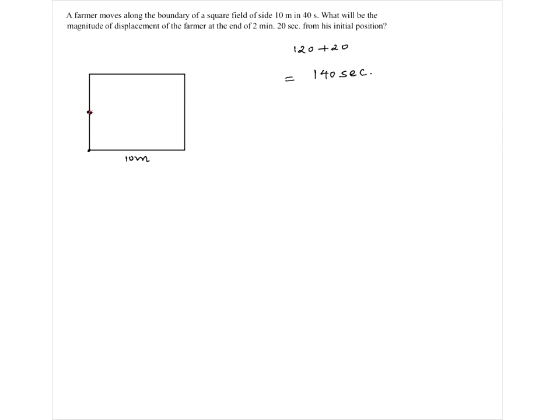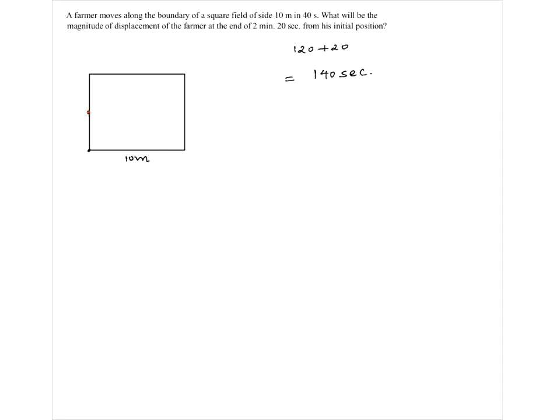Sir, 35 meters? Yes, I know you're saying 35 meters, but before coming to that, do you agree with this or not? Will the farmer be here or not? Midpoint. Yes, sir. Okay. How about others?